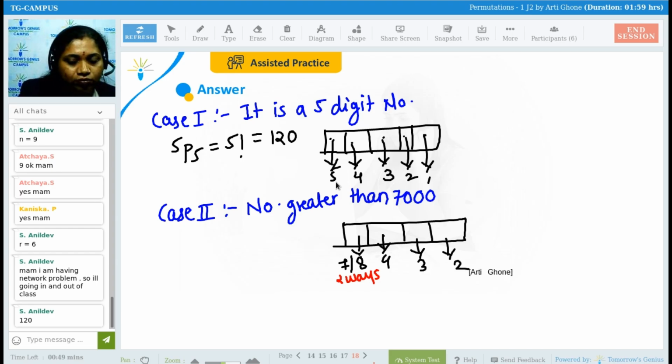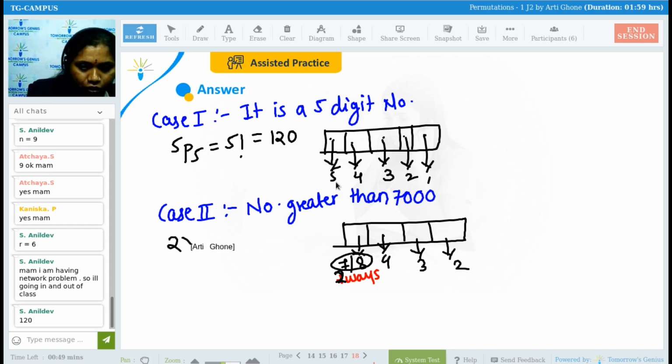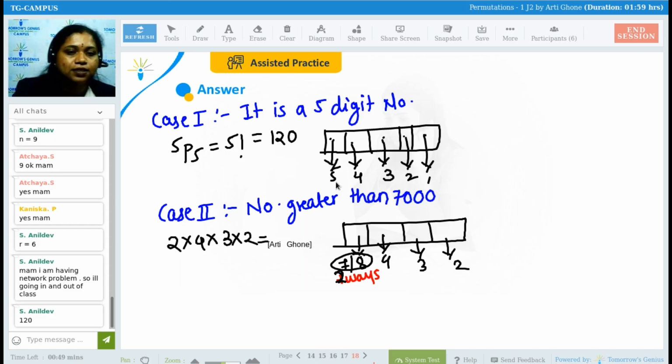So it is 2 into 4 into 3 into 2. Second thing is clear. So what will be the answer? 48.